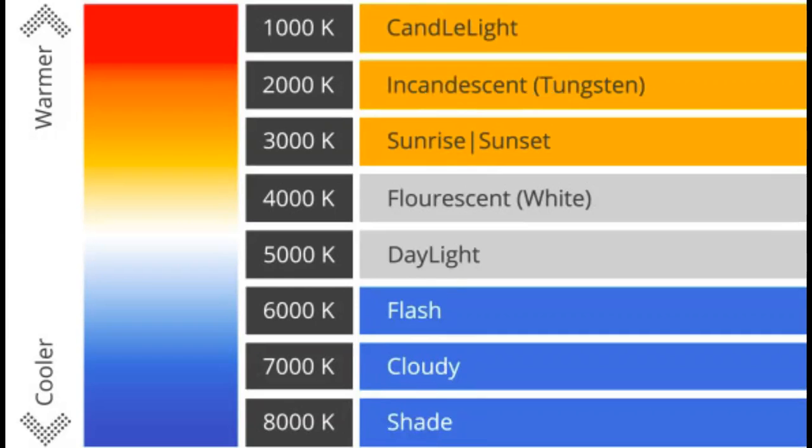Let us say I have gone to a shopping mall and there is some sort of yellow light. So my color will be spoiled now. What I have to do is go to my camera settings and select my white balance to something like sunrise or sunset or whatever warmer presets are there. If I select it, then my camera will understand that the lighting condition is not proper, and whatever light is available is warmer in nature.